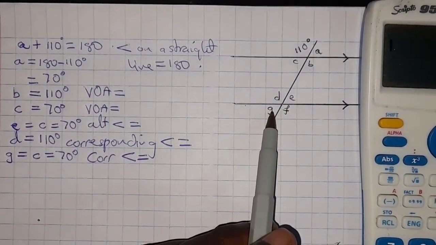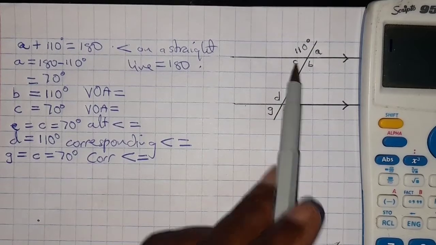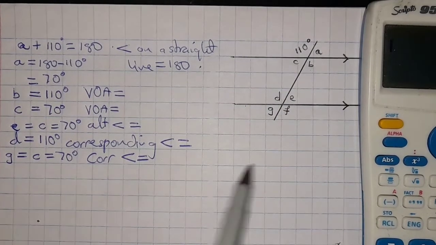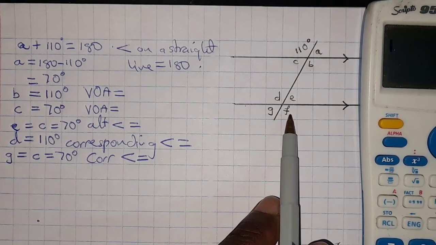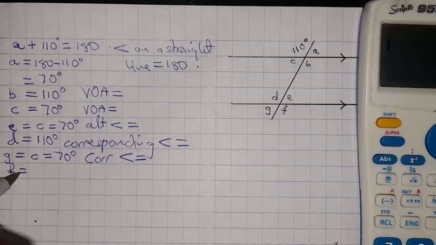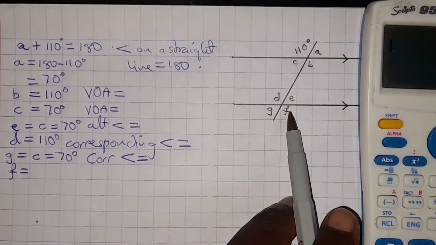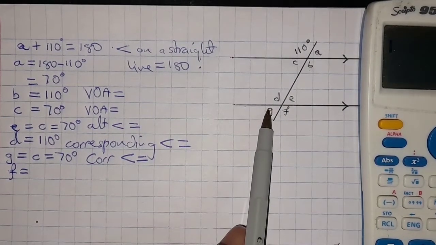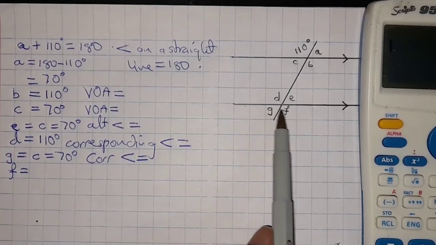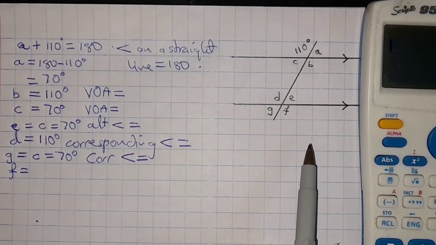Also, G here is corresponding to C, right? And then we are left with F. How big is F? We have agreed that G is equal to 70 degrees. G plus F is equal to 180 because they are angles on a straight line.